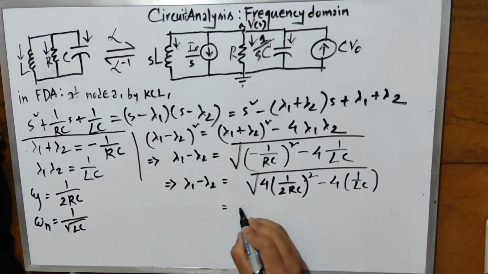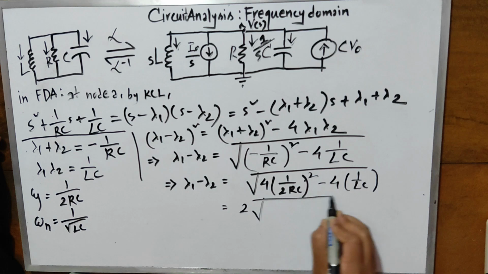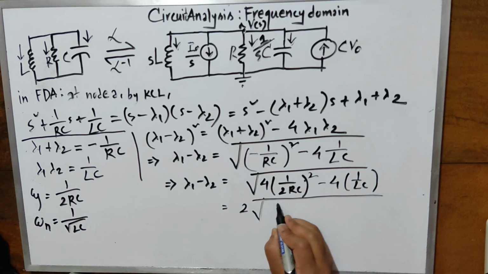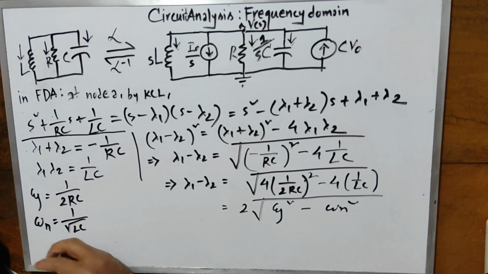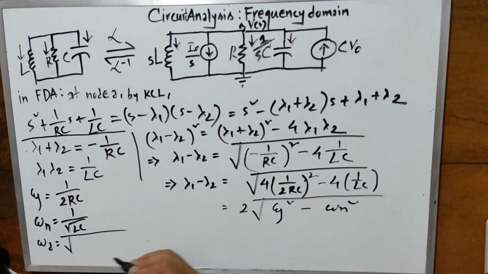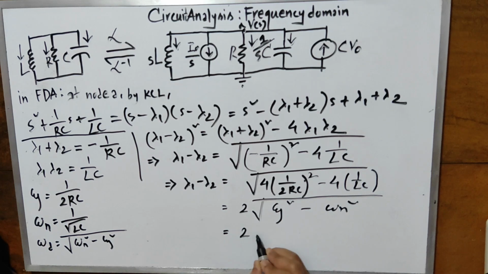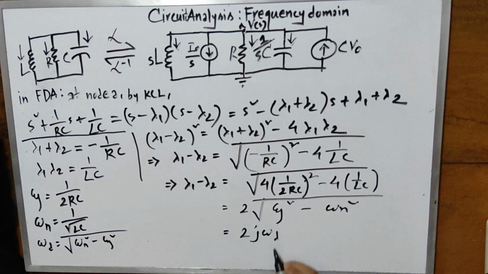Now if I take 4 out, so 2 root over zeta square minus omega n squared, and here omega d is the damped natural frequency, which is omega n square minus psi or zeta square. So here it will be 2j omega d. So far so good. Now we are going to find the individual lambda 1 and lambda 2.